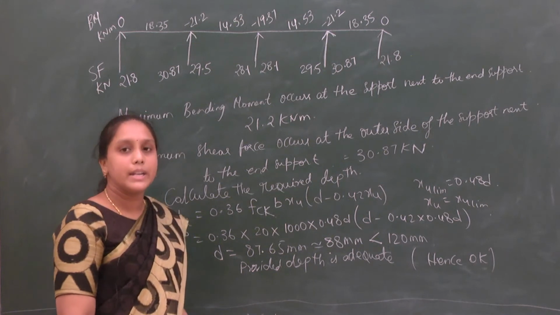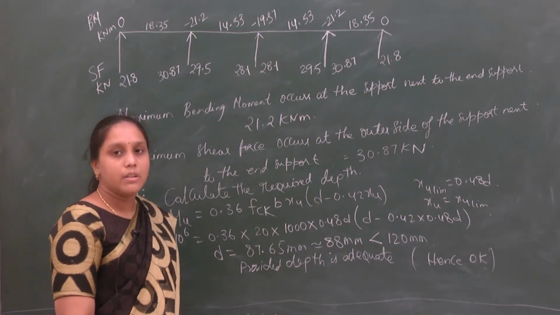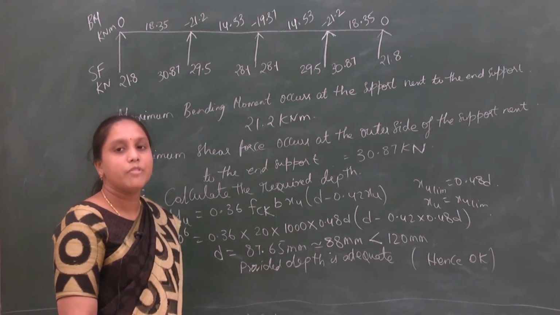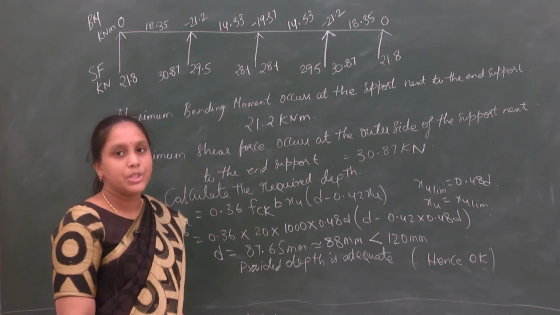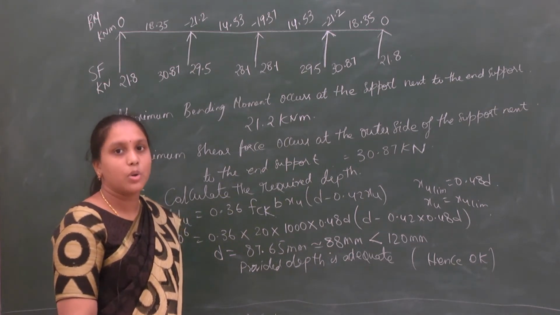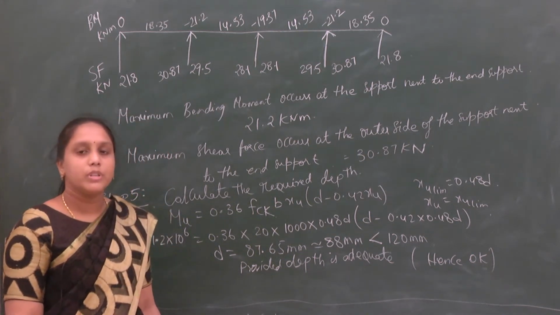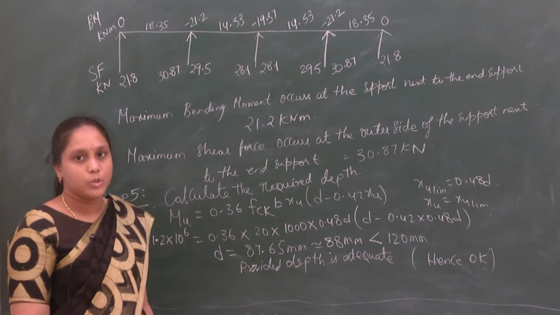So now we have calculated the required depth. After calculating the required depth, what do we have to do? We have to calculate the area of steel reinforcement. That is, we have to calculate the area of the main reinforcement as well as the area of the distribution steel, that is, the distribution reinforcement also. So first, in the next step, we will calculate the area of the steel reinforcement, that is, the area for the main reinforcement.